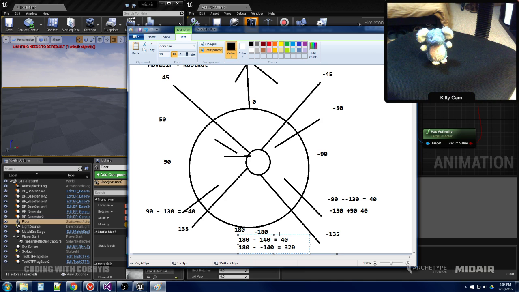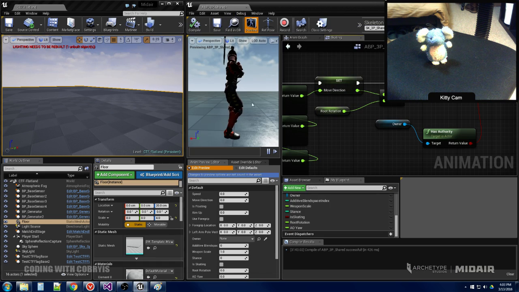Are the chain gun barrels going to rotate at some point? Yes. Actually, really quickly, let me see if I can show something like that. Just as a quick aside.